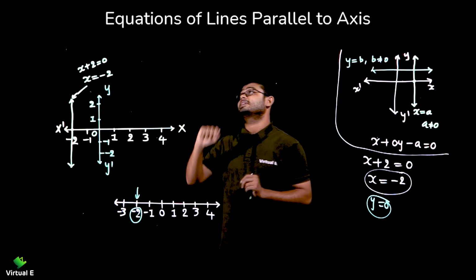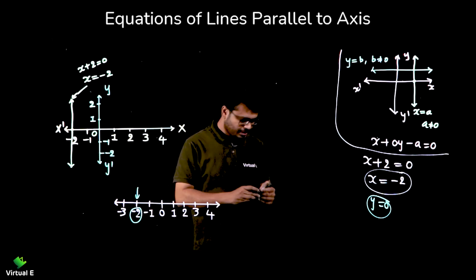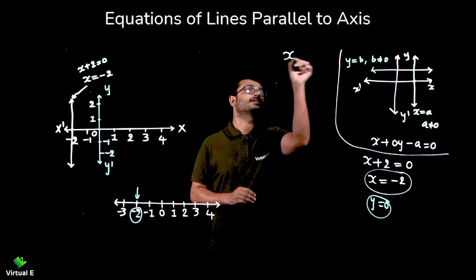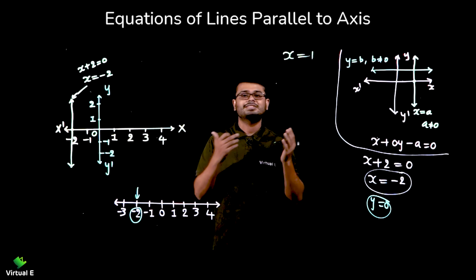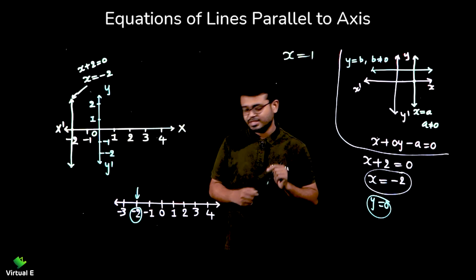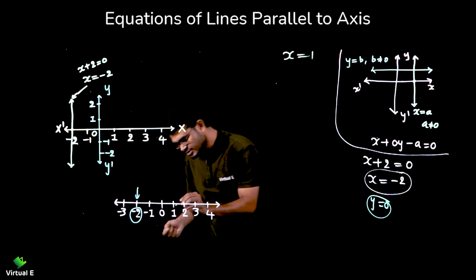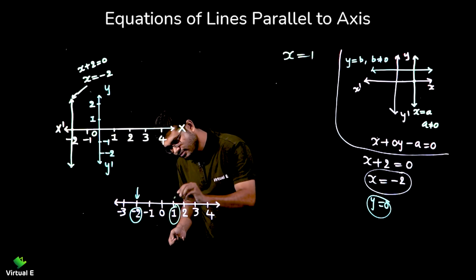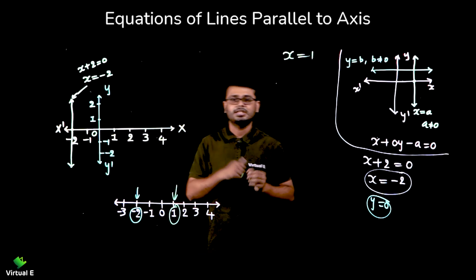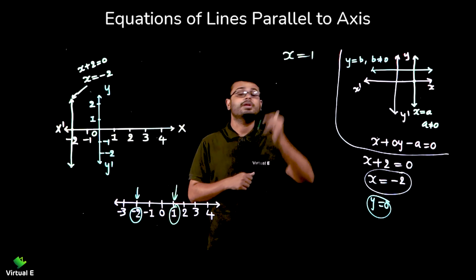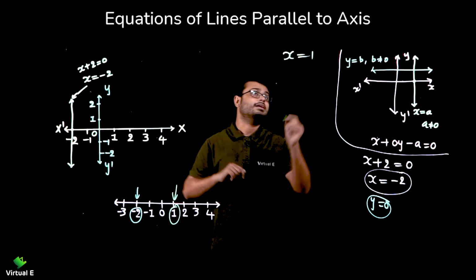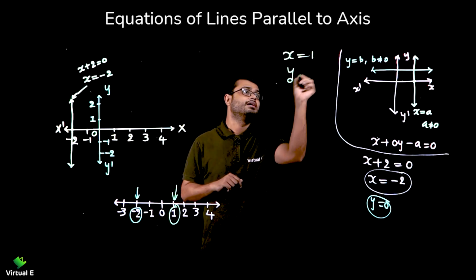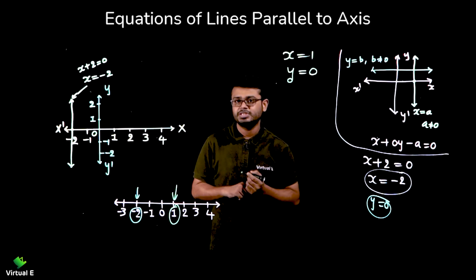Let's discuss the next case. x is equal to 1. That's very straightforward for this case. x is equal to 1 for one variable will be on the number line. So x is equal to 1, where is it? Over here. So this is the solution. Now if we want to represent it as two variables, or on the Cartesian system, we need to take y is equal to 0.